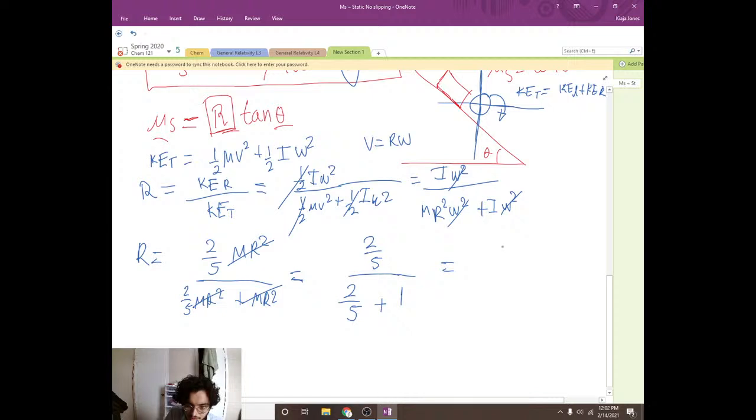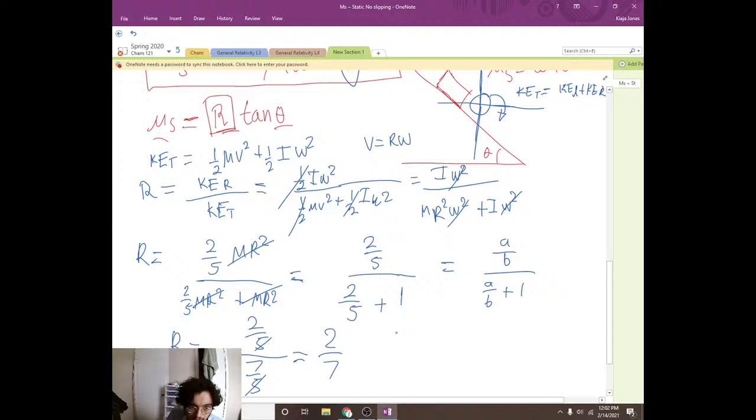But you could also write it as some constant a over b plus 1. And then because we have to find the common denominator here, the ratio is 2/5 over 7/5, and you get, of course, 2/7.